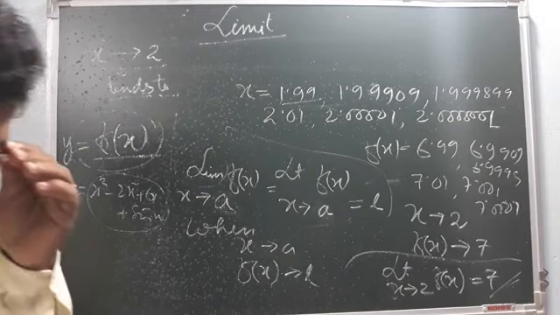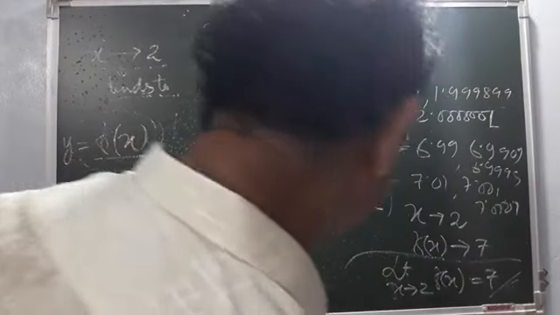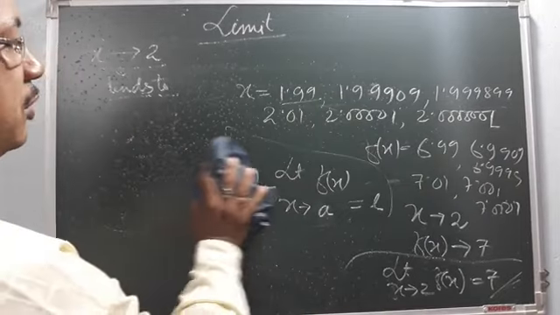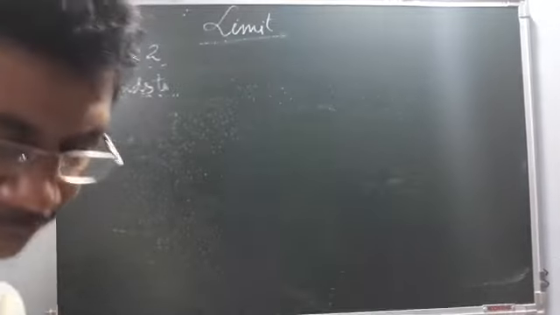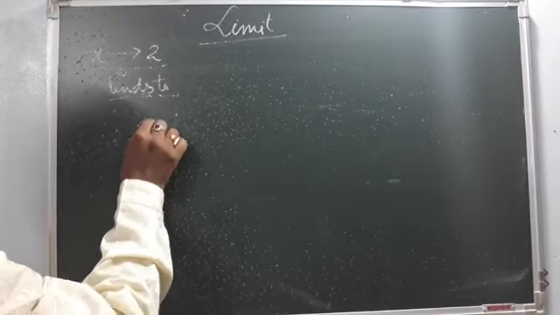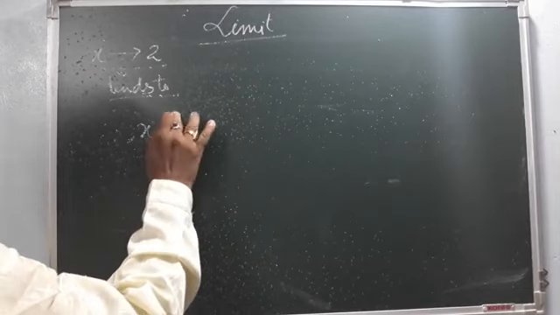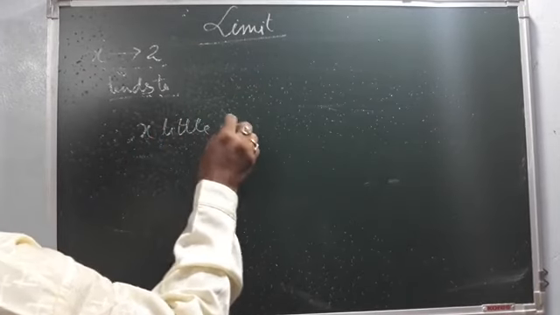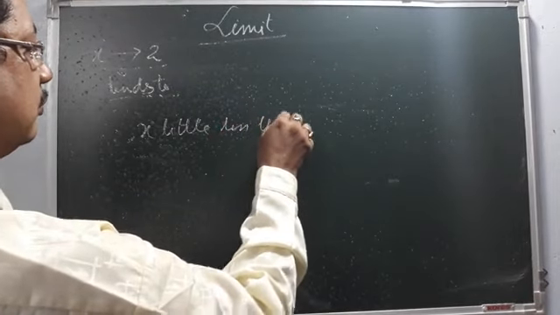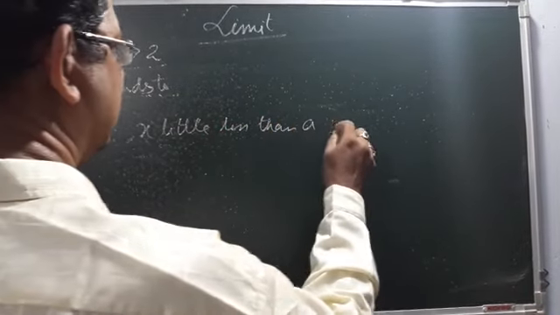Another thing we have to know, that limit is two things. Existence of limit is also there. What is the existence? Suppose x is very little less than a.